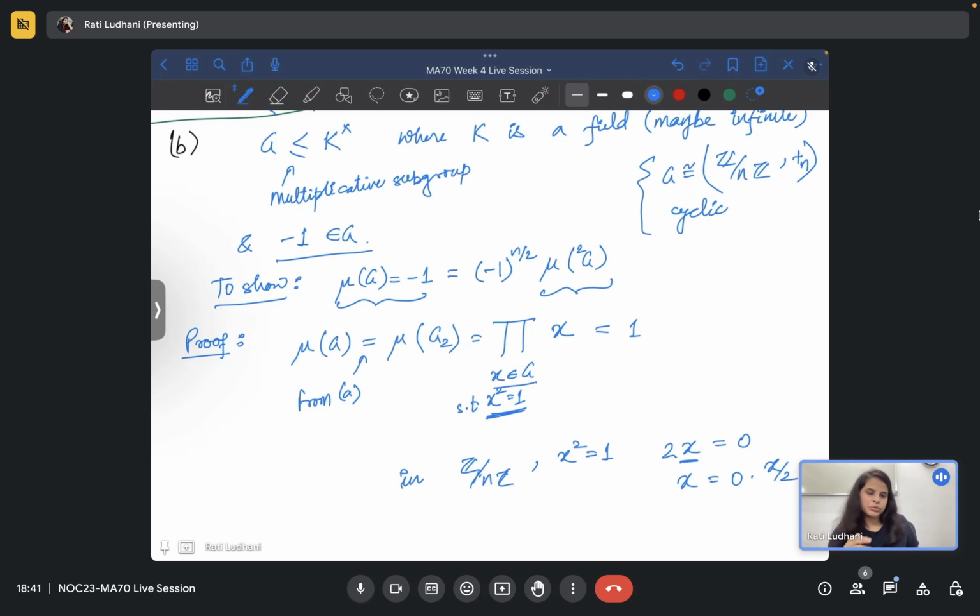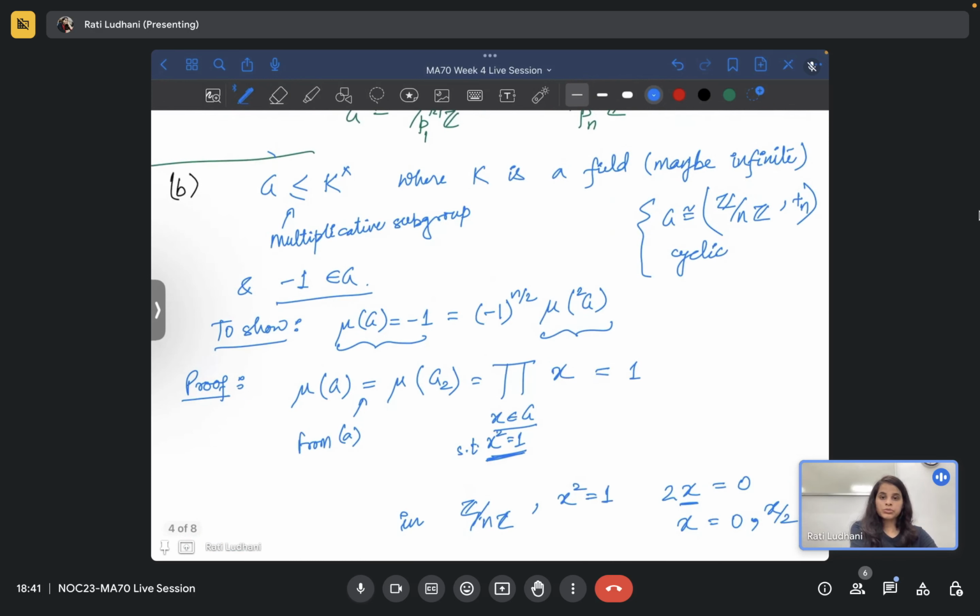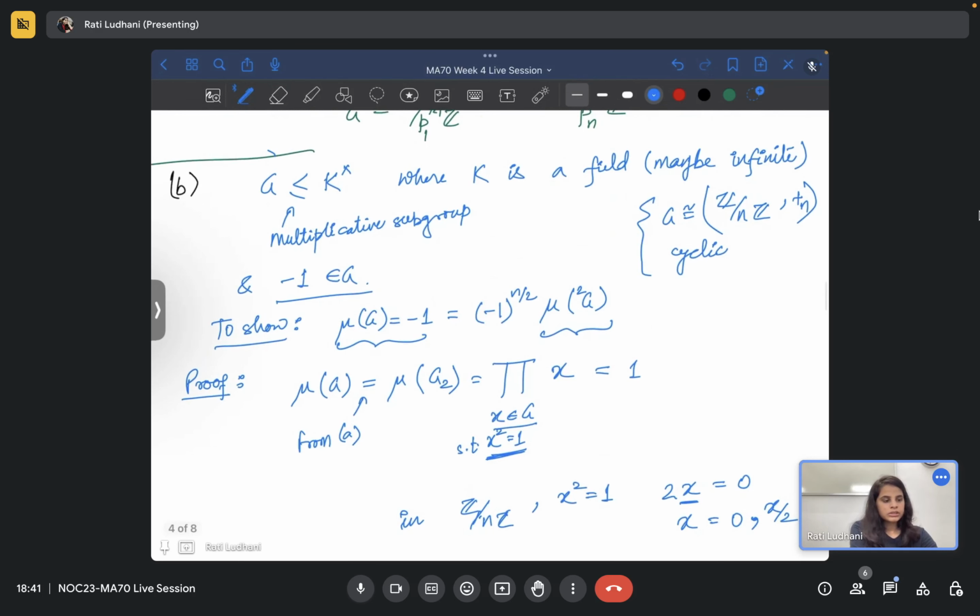Okay, this is one way to do that. So what she said, you consider, since we know that G is a finite subgroup of the multiplicative group of a field, that is K cross, it has to be a cyclic subgroup of K star, which we did in the lectures. So G can be thought of as having an isomorphism between G and Z mod nz with operation addition modulo n.